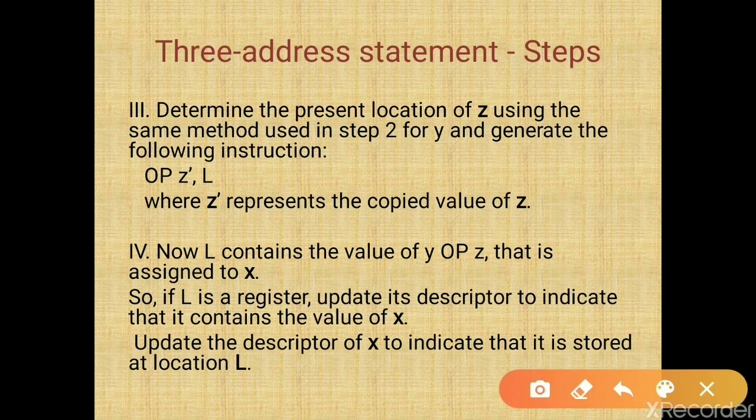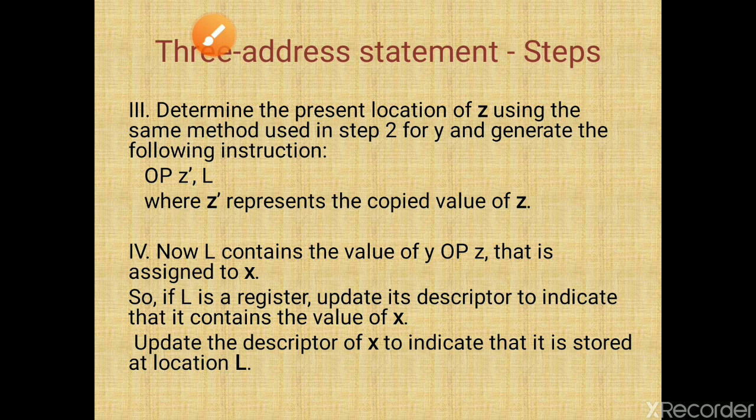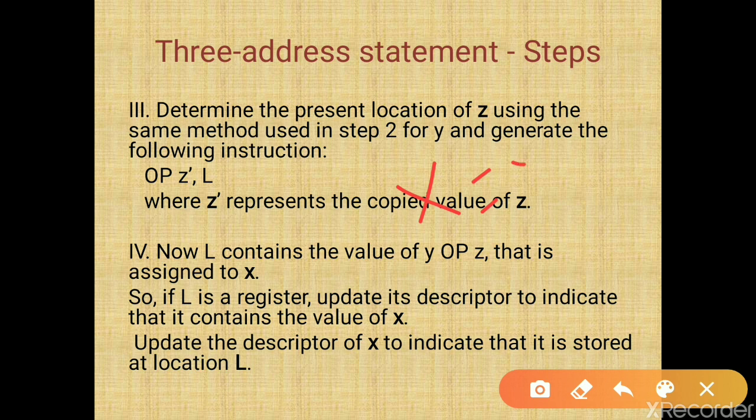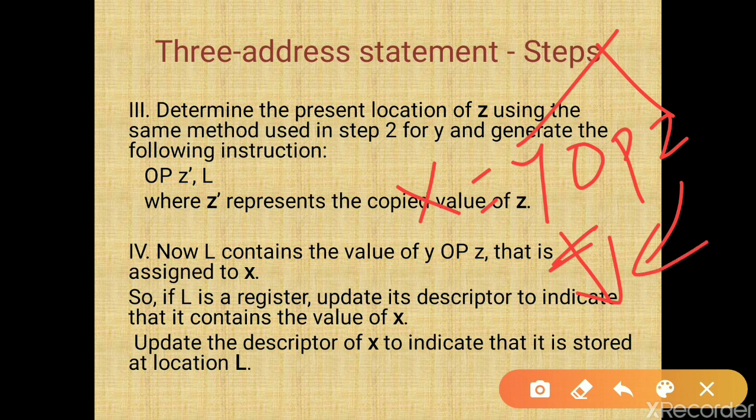Next, now L contains the value of the Y operator Z. This is what L contains, and it is assigned to X. This value is assigned to X, and if L is a register, update its descriptor to indicate that it contains the value X. So whenever X equals Y OP Z is the operation to be performed, and Y and Z are present in registers, we can use them. If not present, we will copy to some variable and use that variable name.